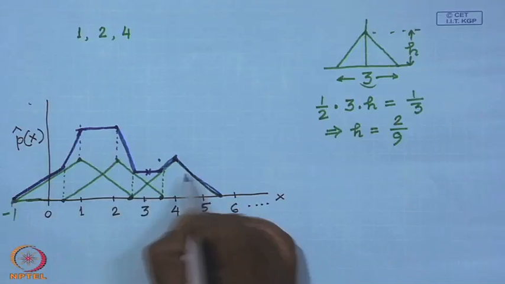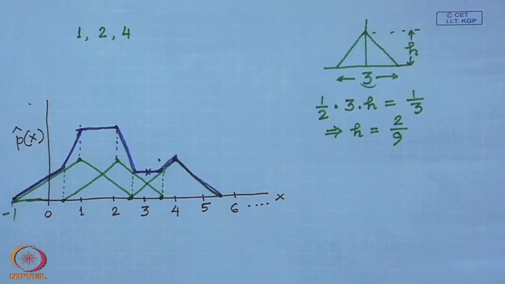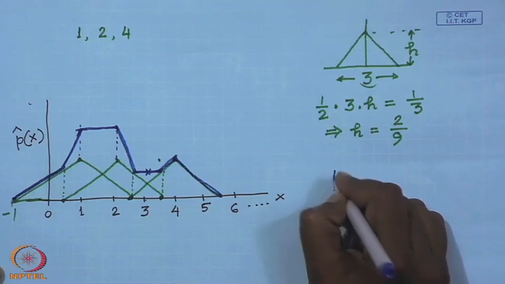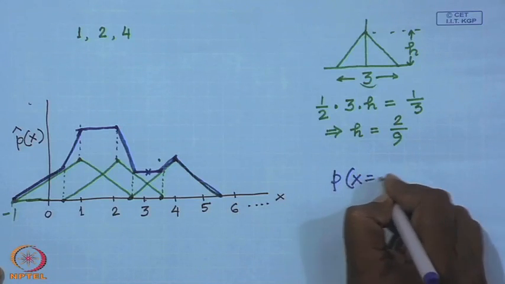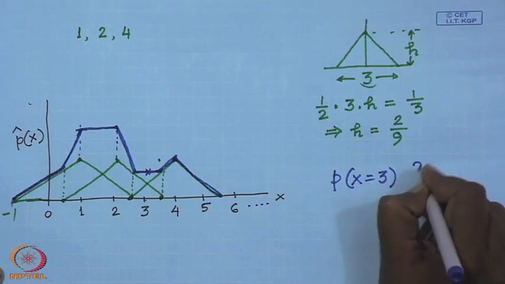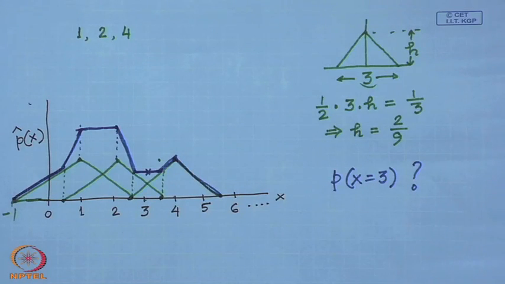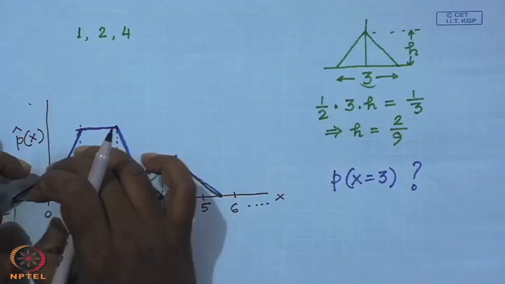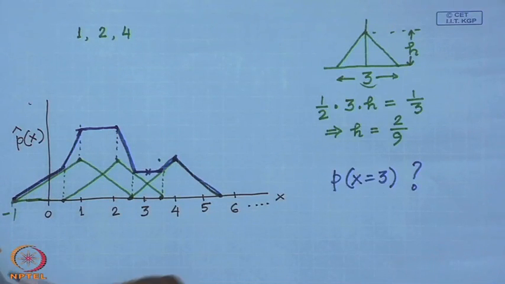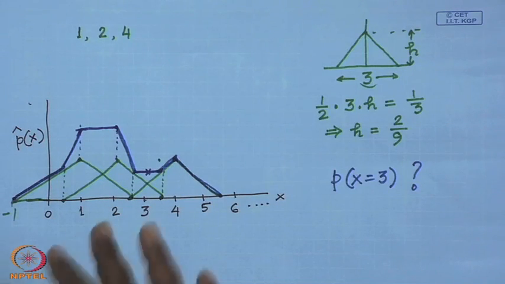This is conceptually fine, but finally, I have to find out what p of x equal to 3 is. Now, if you notice carefully, this superimposition of different windows placed at different sample locations is nothing but a convolution operation.